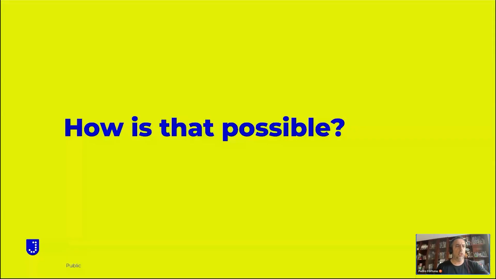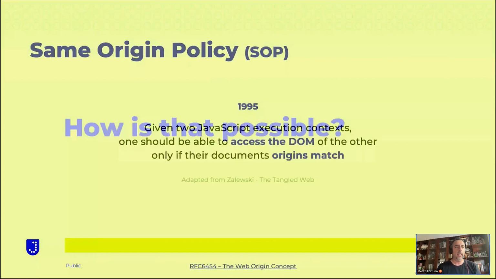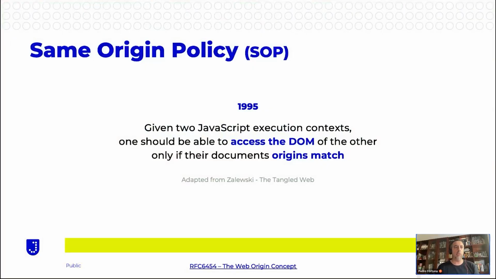And so you may ask, how is this even possible? It seems far too easy. Well, the problem originated almost 30 years ago when the same origin policy was defined. This is still the fundamental security isolation brick in web applications and in any browser-based code.